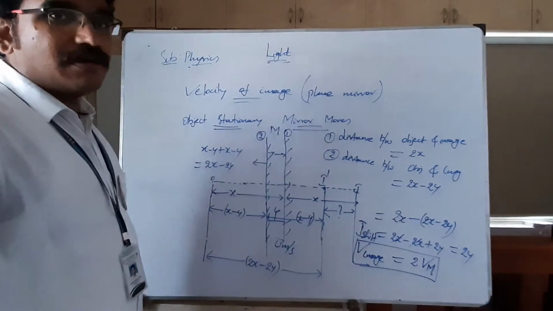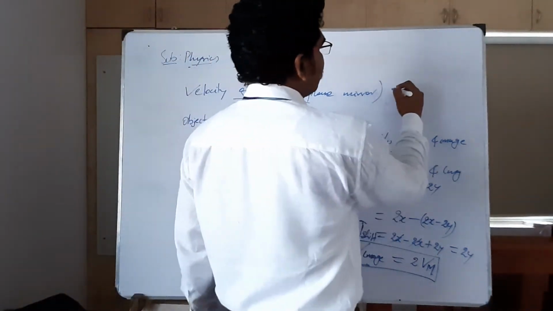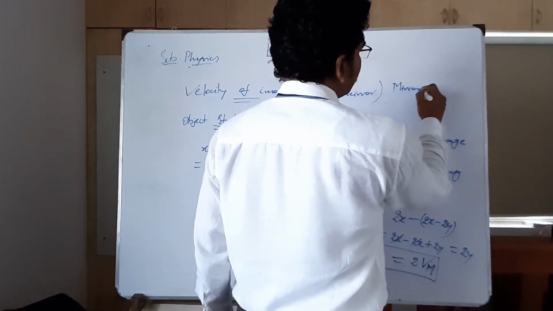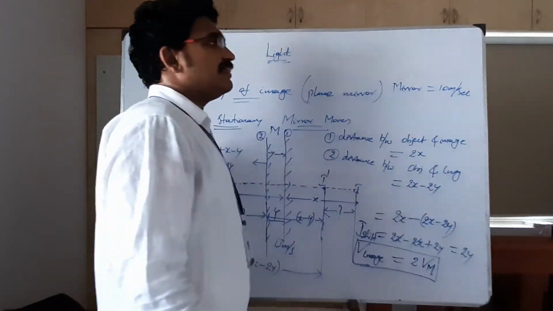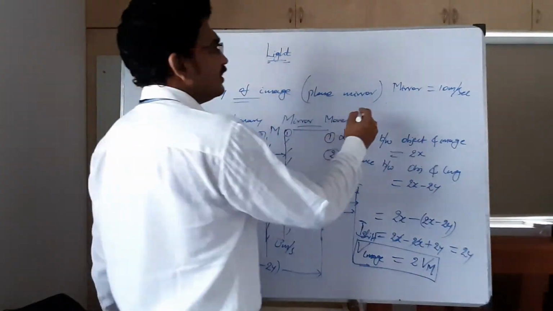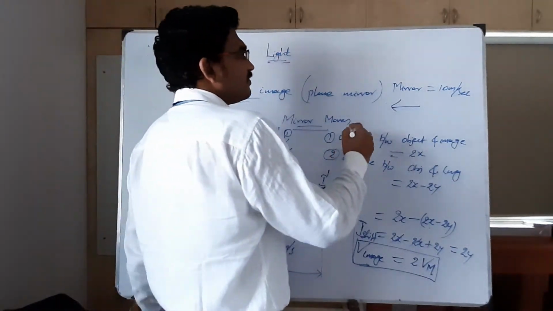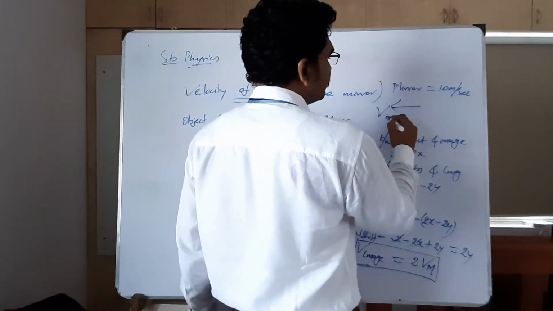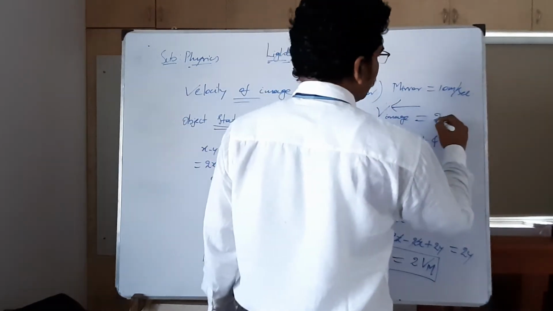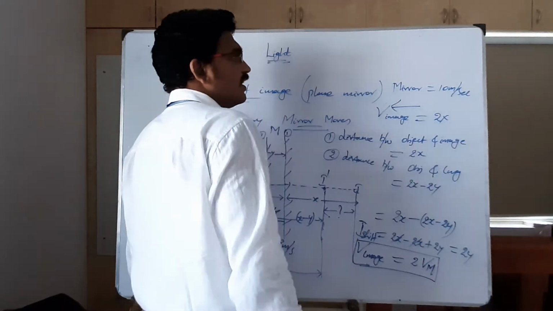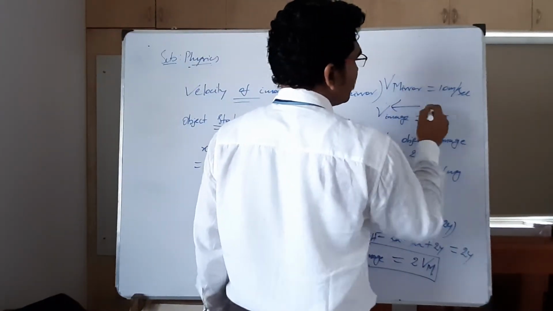For example, how you have to understand this: the mirror is moving with 10 meter per second towards an object. Then what is the velocity of the image? The velocity of the image is equal to 2 into the velocity of the mirror. The velocity of the mirror is 10 meter per second.